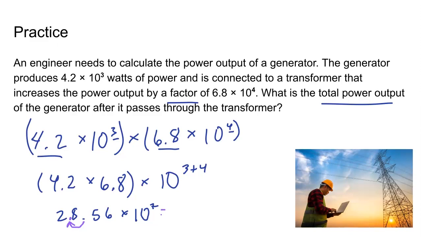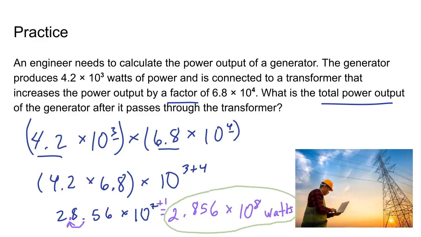So the new coefficient becomes 2.856 times 10, and in this case, since you moved the decimal point one place to the left, which decreased it by a factor of 10, you need to offset that by adding 1 to the exponent, and 7 plus 1 is 8. And then add the units, which are watts. So the total power output is 2.856 times 10 to the 8th watts.